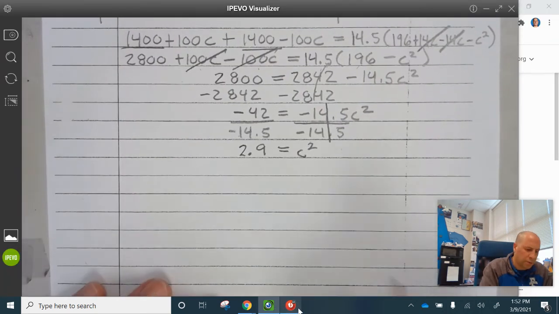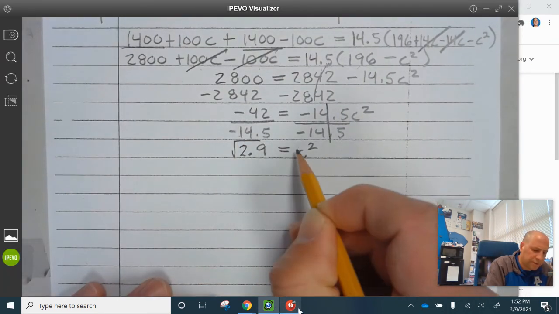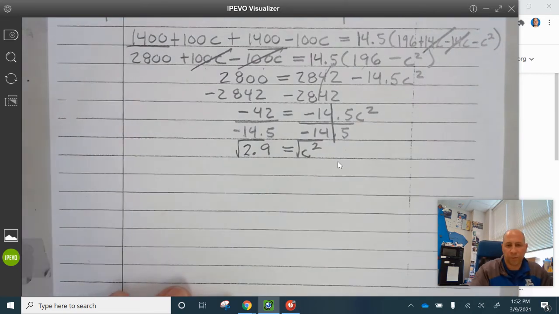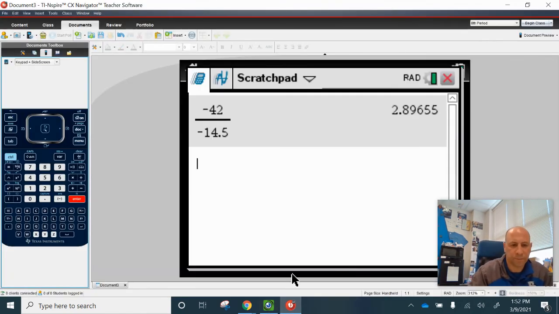Now we're going to take the square root of both sides. The square root of 2.9 is 1.7, equals c.